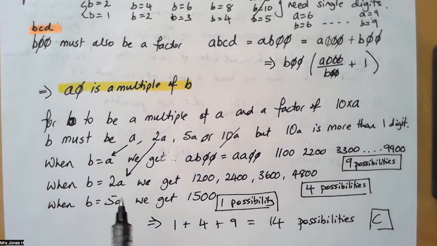When B equals 2A, we get 1200, 2400, 3600, and 4800. Can't be 5 because then the 2A would be 10, so 4 possibilities. And then if B equals 5A, we get 1500, which is 1 possibility. We add those 3 together and we get 14 possibilities, and therefore our answer is C.